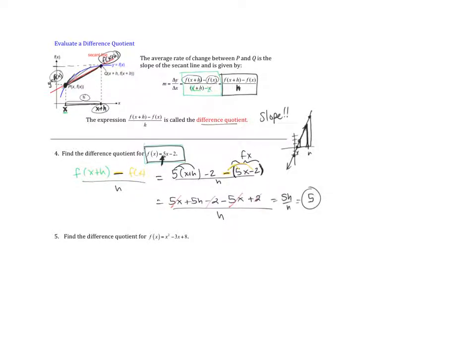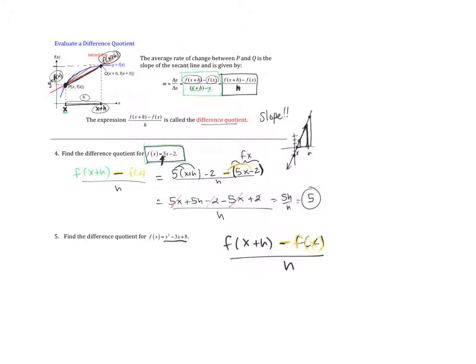So let's look at this quadratic. Okay, the difference quotient is going to be f of x plus h minus f of x all over h. And this is the part we really want to try not to mess up on, where we're subtracting f of x.